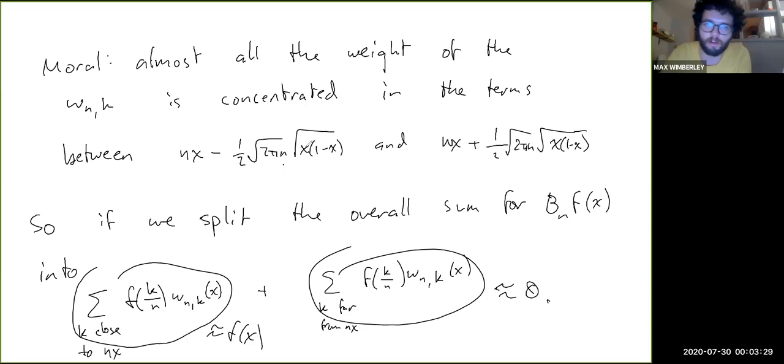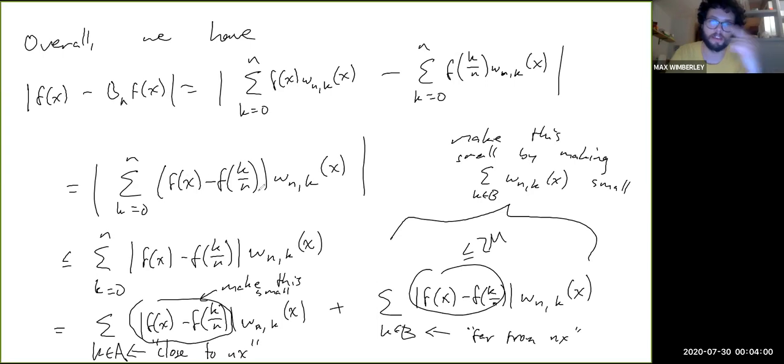Also, the square root of x times 1 minus x thing can go away for a somewhat complicated reason, but effectively you should think of a range of width proportional to square root of n around nx that k can be in to be in this close to nx set. That makes k over n be in a range of width proportional to 1 over square root of n around x.